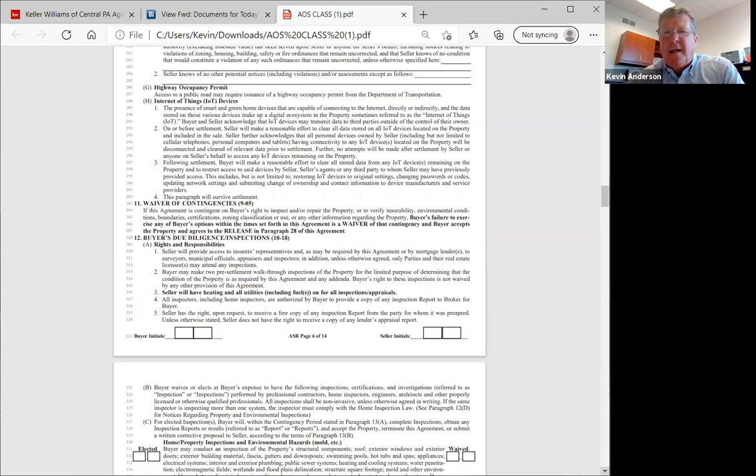Seller further acknowledges that all personal devices owned by the seller, including but not limited to cellular telephones, personal computers and tablets, having connectivity to the IOT devices located on the property, will be disconnected and cleared of relevant data prior to settlement. Further, no attempts will be made after settlement by the seller or anyone on seller's behalf to access any IOT devices remaining on the property. Did we all know that?